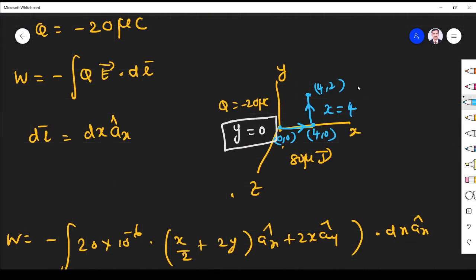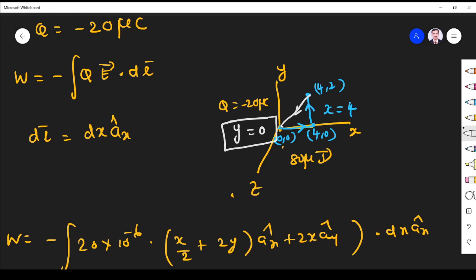This is 420. From here to the origin, we have to move. So we are moving in this direction, right? 420 to origin. So now we have to know in which direction it is moving. We have to see all the things, and we have to find the equation also. How the equation of this line also plays a crucial role.